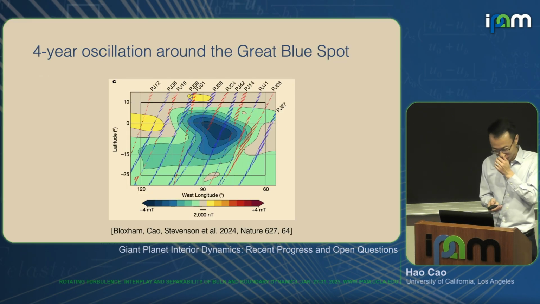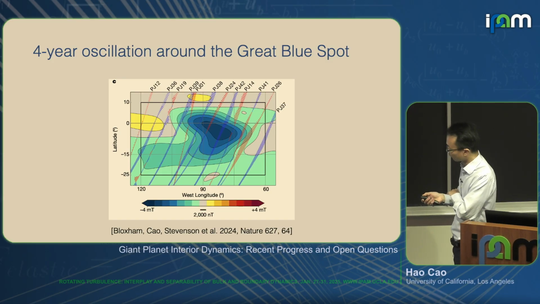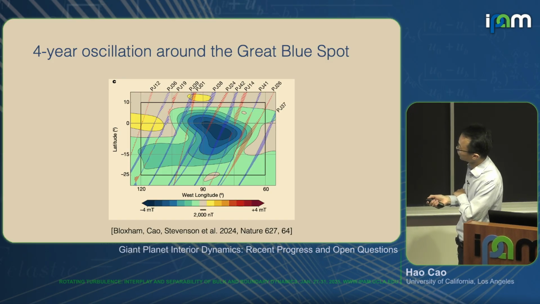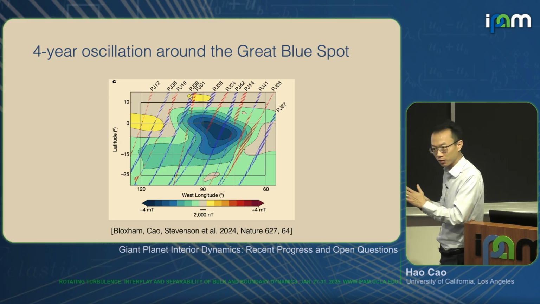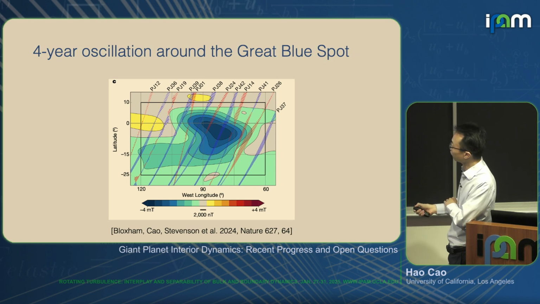So in addition to having a static or steady state deep zonal flow, we have also looked at the few orbits that target the so-called Great Blue Spot. Because the Great Blue Spot has a very strong magnetic field gradient around it, if it moves, it would induce more magnetic field signals compared to other regions.